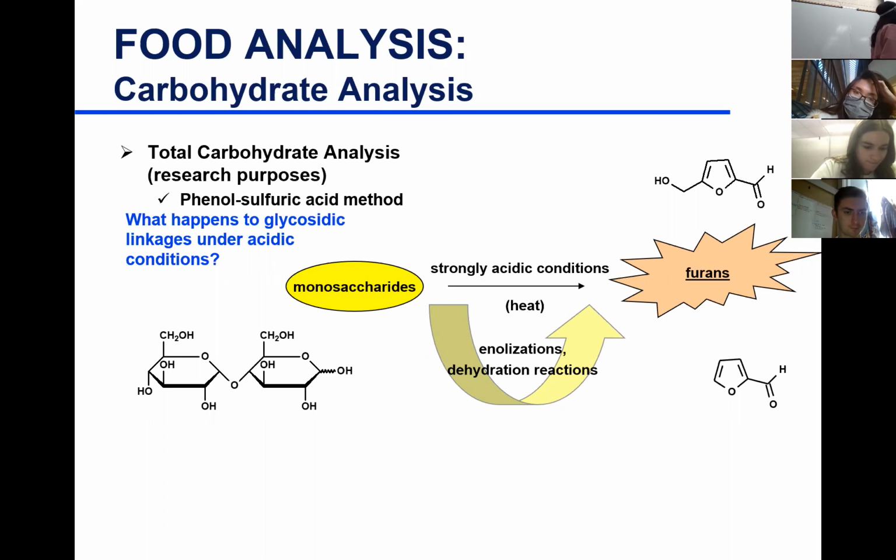What's the principle here? Let's say in a beverage, you have sucrose or another disaccharide source for making the beverage sweet. The sulfuric acid is going to break glycosidic bonds.